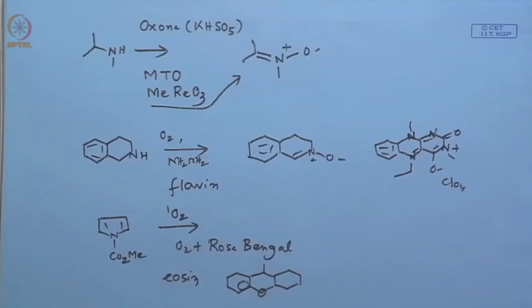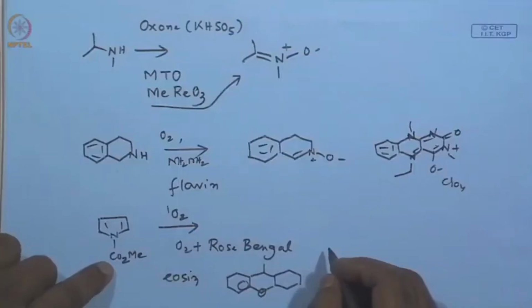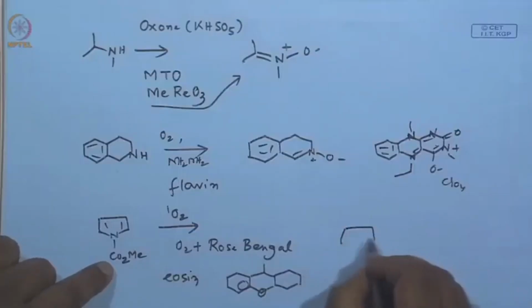And then this singlet oxygen has a typical pattern of reaction. Normally it can undergo two different kinds of reaction in organic chemistry: one is the ene reaction, the other is the Diels-Alder reaction. In this case, because of the presence of the carboxylic ester, it would undergo the Diels-Alder reaction, and the molecule that you get is this.